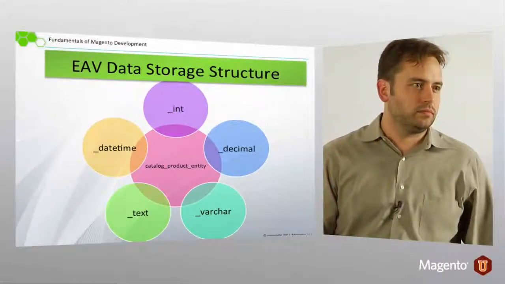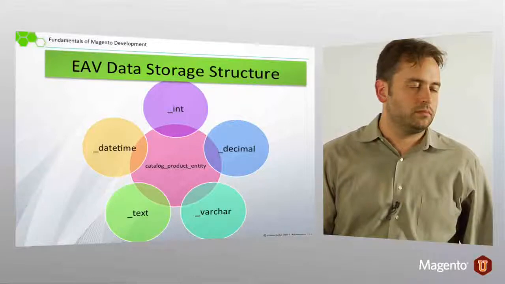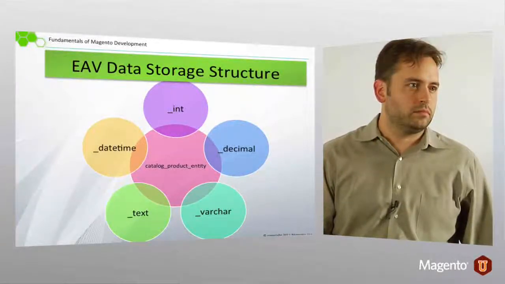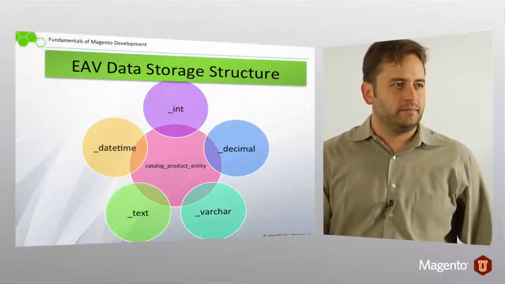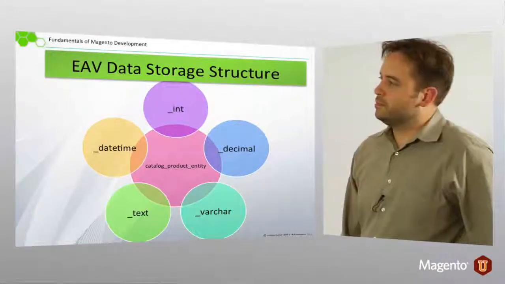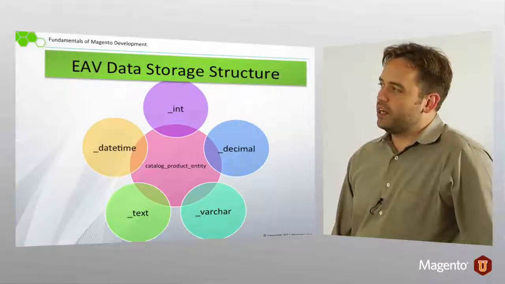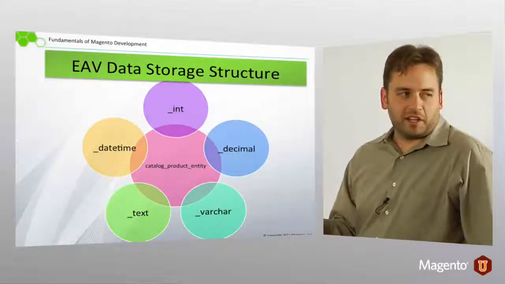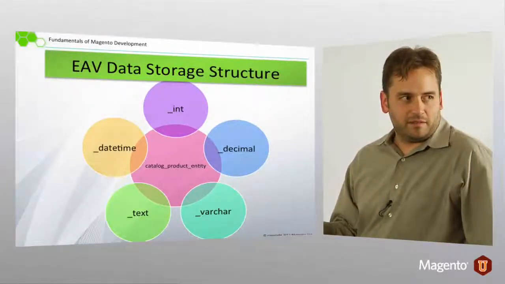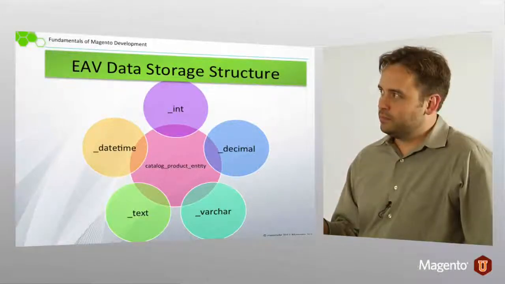How do you decide to create the EAV table for the entity table? We'll get into that. So for right now, just recognize this as an EAV data store, right?